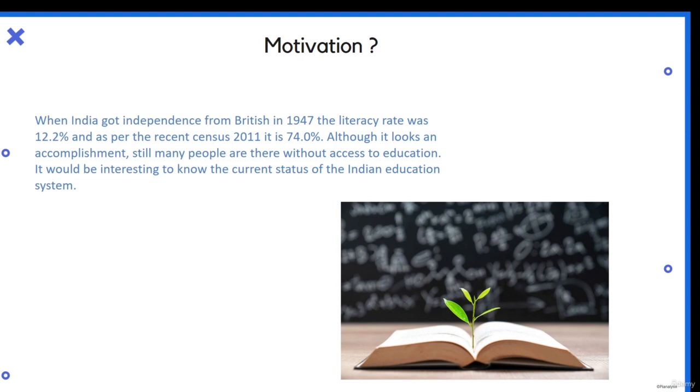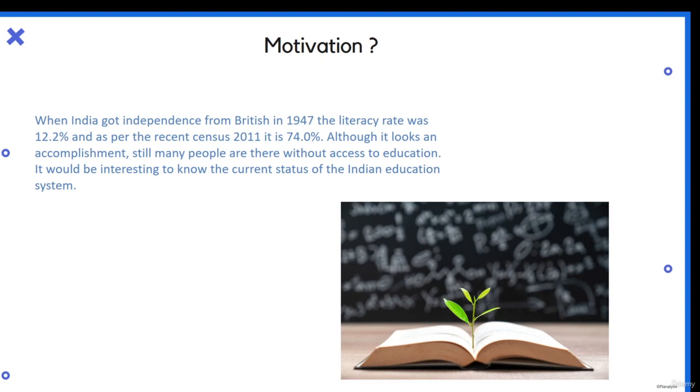And as per the census in 2011, this is a very old dataset, I've taken it directly from Kaggle, that's why it is 2011. As of 2011, it is 74%. Now, as you see, the rate at which literacy has increased is tremendous. Although it looks like an achievement, still many people are without access to education. So it would be interesting to know the current status of the Indian education system.